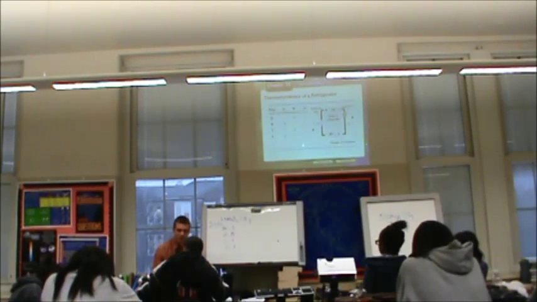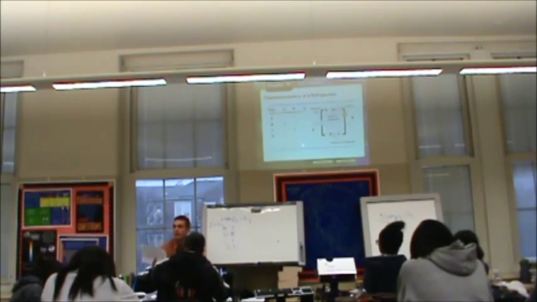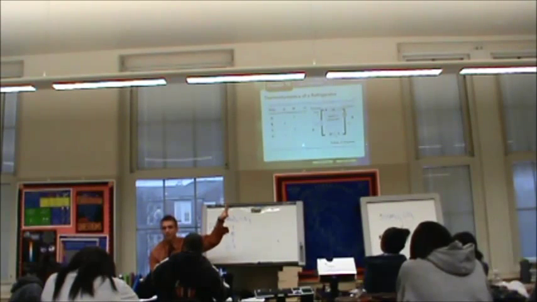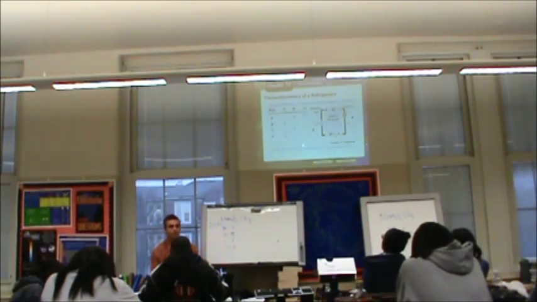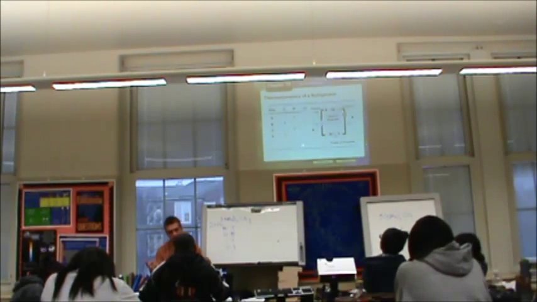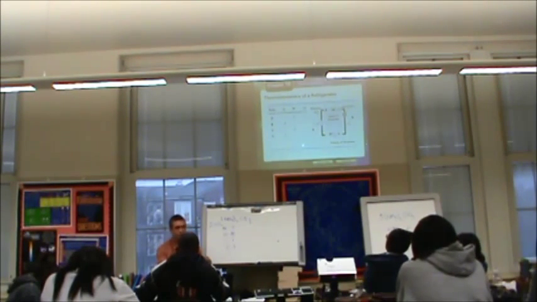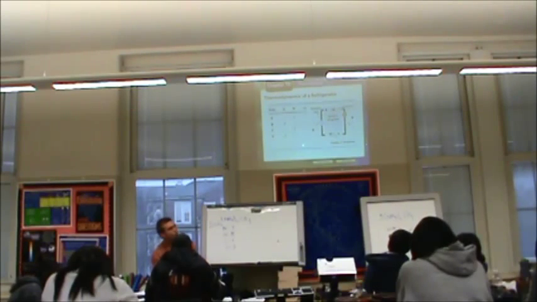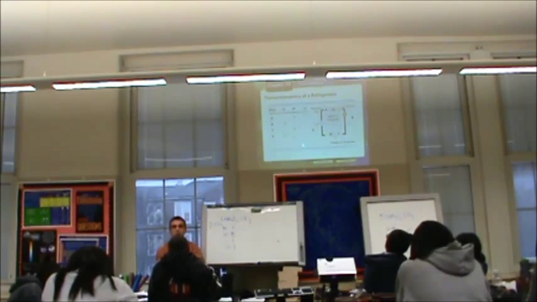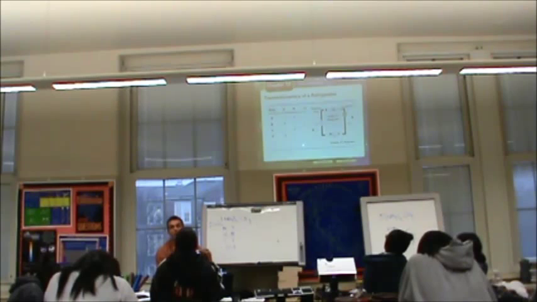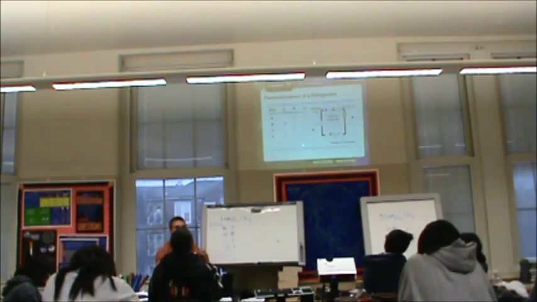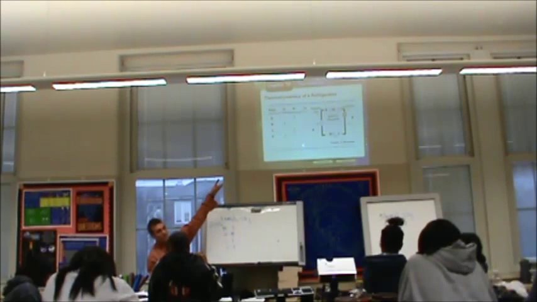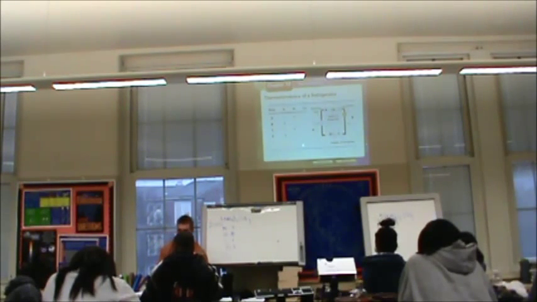Okay? So let's go ahead and go through what's really happening in this refrigerator in terms of energy transfer: heat transfer, work, and then internal energy. What does Q mean? Q means heat quantity.